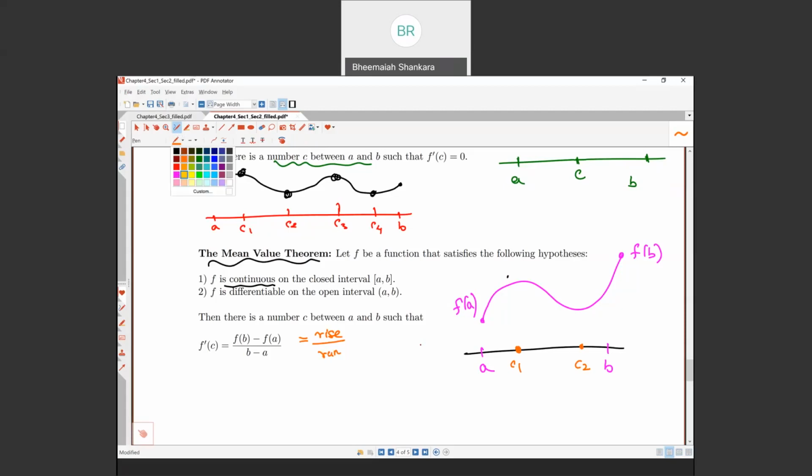So if you draw a slant line, let me change the curve a little bit. You should be able to calculate the slope of the curve at any point c1 and c2. And I would write that the slope of this curve will be f(b) minus f(a) divided by b minus a.